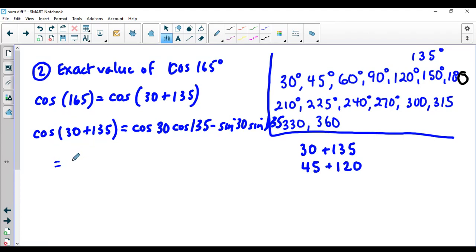Cosine of 30 is the square root of 3 over 2. Cosine of 135 is negative square root of 2 over 2. Minus sine of 30 is a half. Sine of 135 is the square root of 2 over 2.